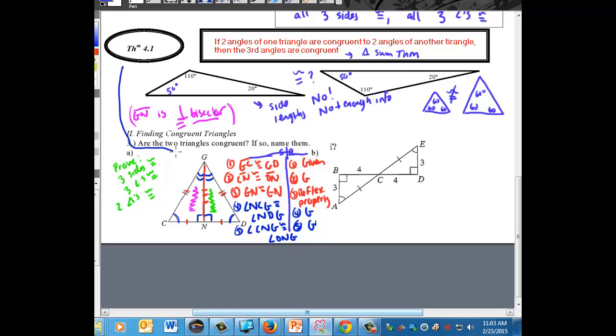Theorem 4.1 says if two angles of one triangle are congruent to two angles of another triangle, then the third angles must be congruent. Okay, so I'm running out of room here. Let's do this. For 6, we're going to say that angle CGN is congruent to angle DGN, and the reason for that is theorem 4.1.